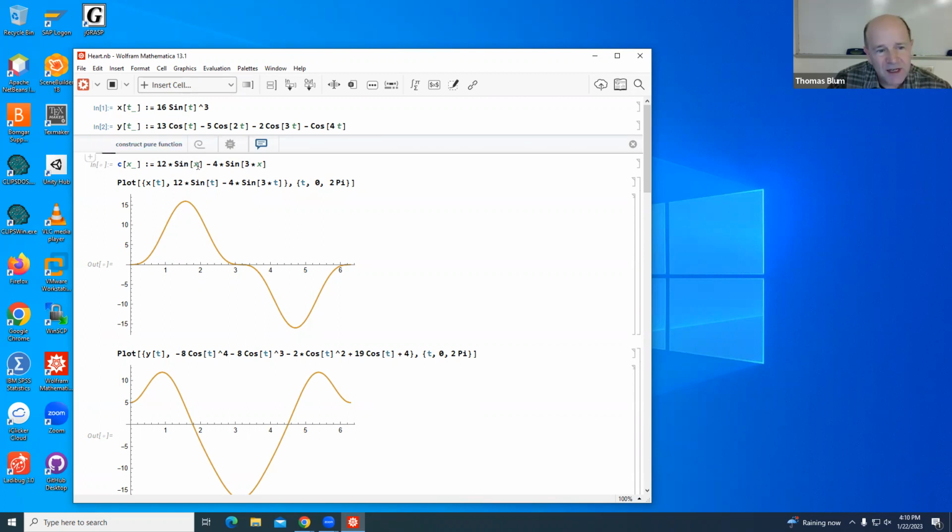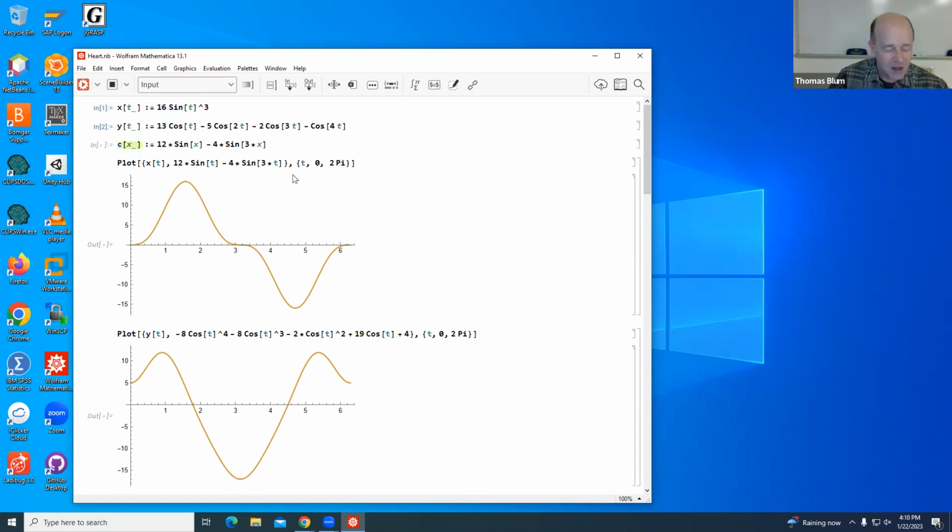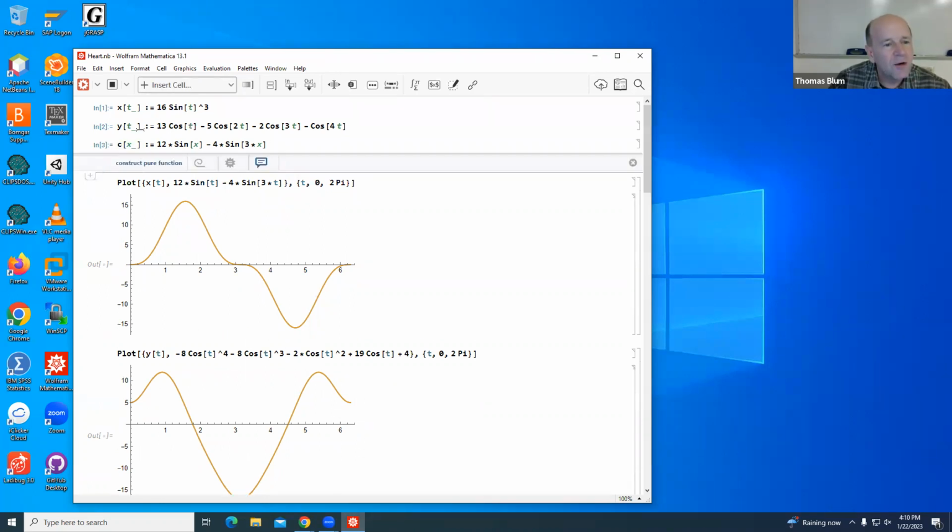But 12 sine of the variable minus 4 times sine of 3 of the variable is equivalent to 16 sine t cubed. So I'm entering this other thing. No good reason to switch from x to t, but I did. Shift enter.